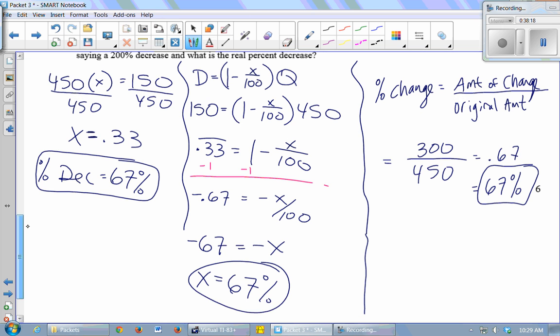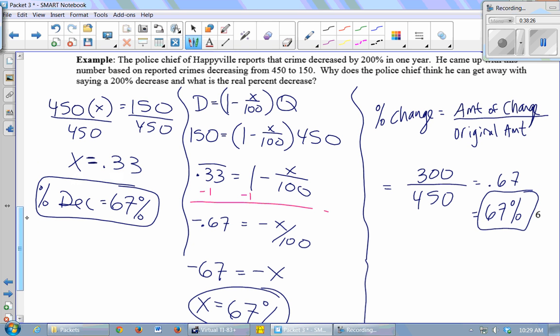Okay, so clearly in our 3 various methods of calculating percent decrease, we got a 67% decrease. Why on earth does this police chief think that he can say 200% decrease? Where is he getting that? If he's dividing by 150, in his mind, every 150 equals 100%. Why is he equating 150 with 100%?